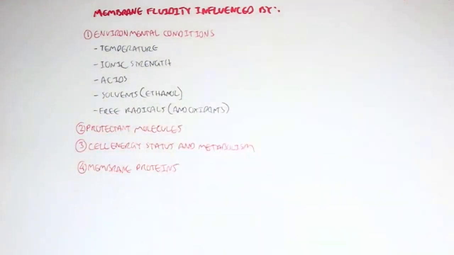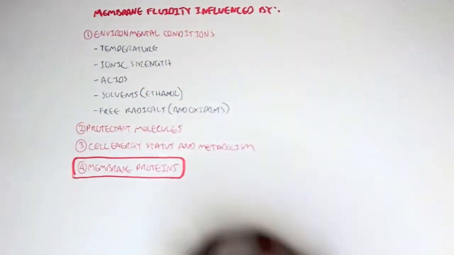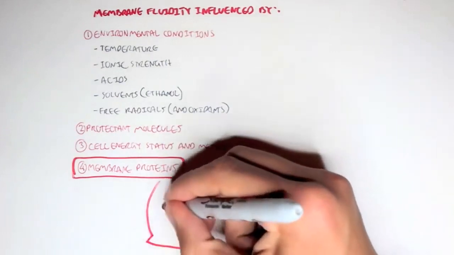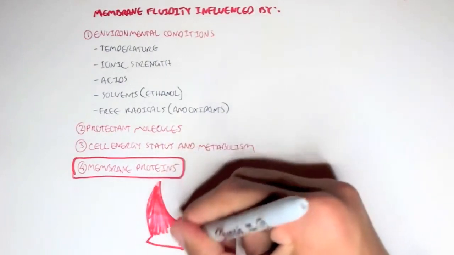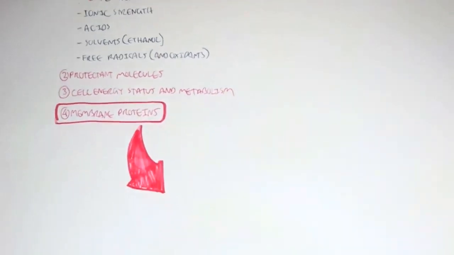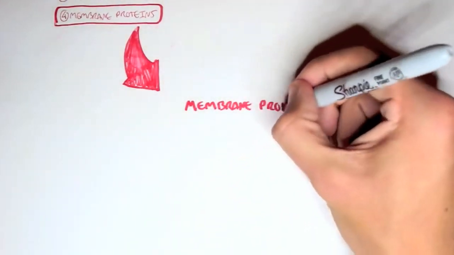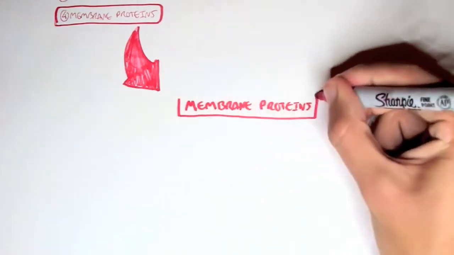Another important thing, which also relates to basically everything I just mentioned, is membrane proteins. Membrane proteins are enzymes, transporters, and they also increase permeability of certain ions and help maintain the membrane structure. They have a vital role in protecting the membrane structure as well.